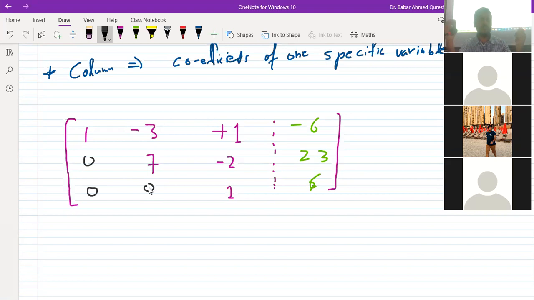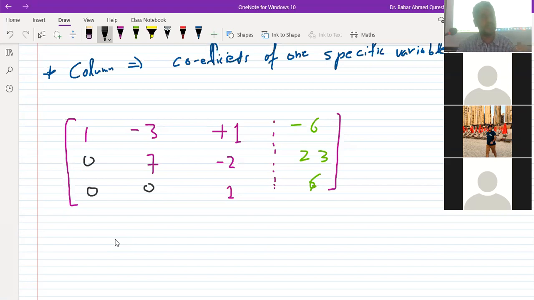So the allowed operations on the equations translate to allowed operations on the matrix associated with those equations. So what would be those allowed operations? I'm going to repeat the solution, but now using these matrices. So it's just the same method done in a clutter-free way.